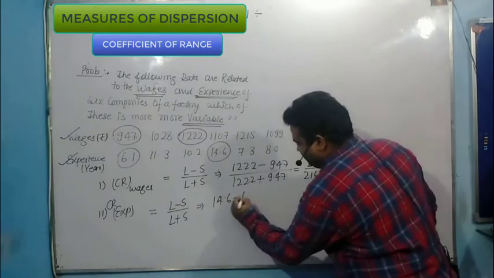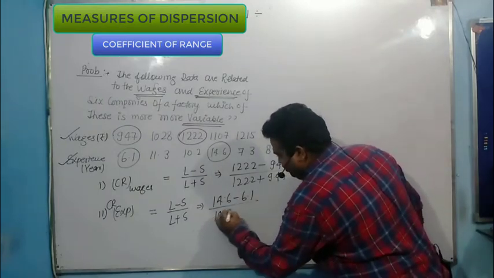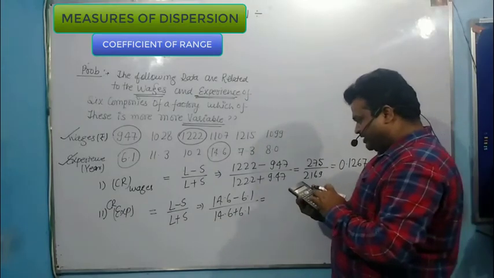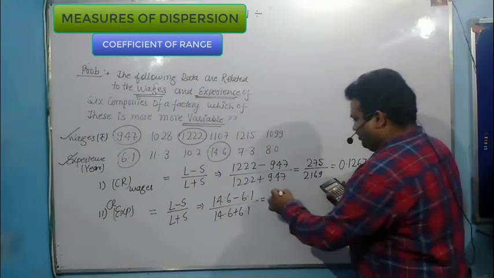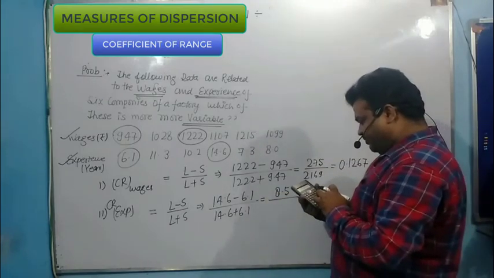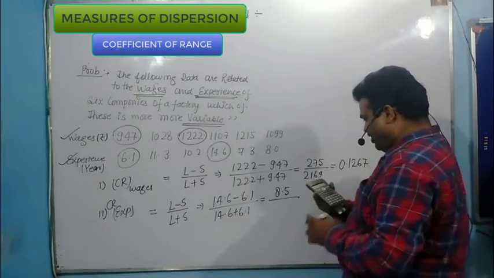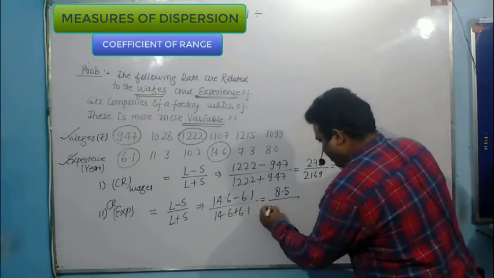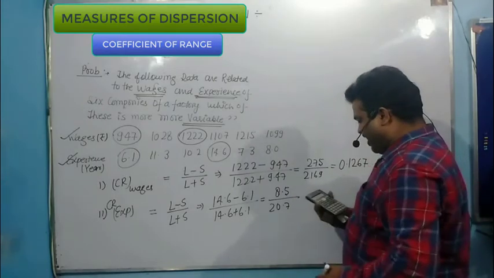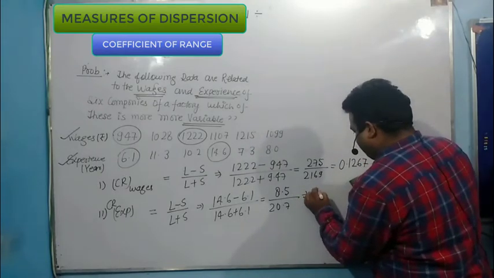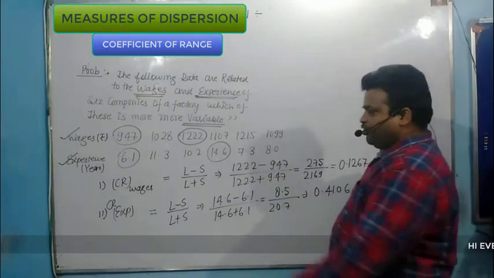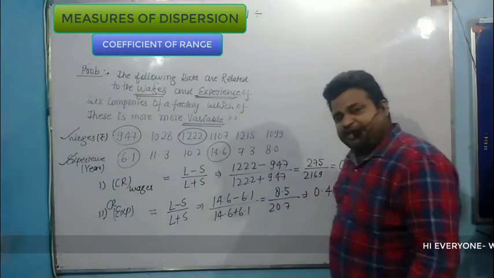I write 6.1 here, divided by the same values with a positive sign. So 14.6 minus 6.1 will give you 8.5, divided by 14.6 plus 6.1, which will give you 20.7. Now I divide 8.5 by 20.7 and you will get 0.4106. So this is the coefficient of range for experience.